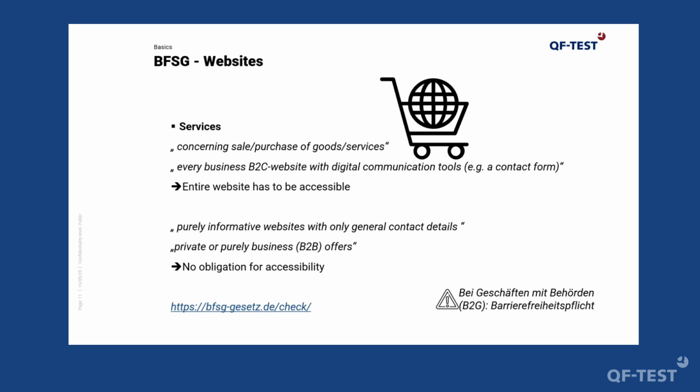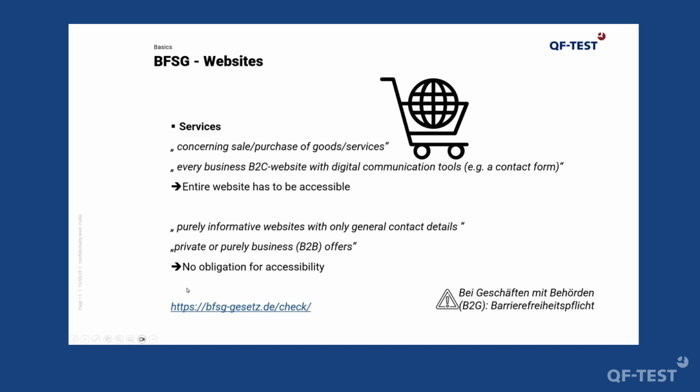It concerns the sale or the purchase of goods and services, and basically every business website in Germany with digital communication tools like a contact form or something has to be accessible if they are trying to make business, if they are a B2C website, if they try to make business with consumers. But of course, purely informative websites or business-to-business offers are not obligated to be accessible.